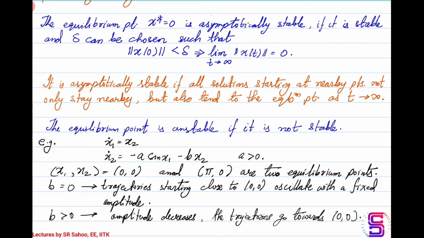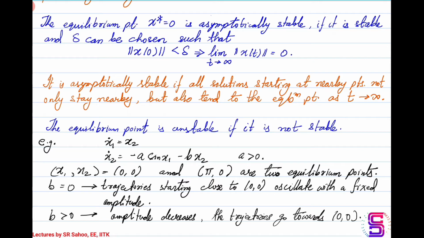Okay, we have two equilibrium points in this case, which are (0, 0) and (pi, 0), and the region we are looking at is x1 in the range minus pi to pi, where minus pi is excluded, and b belongs to R. So in this particular domain, the equilibrium points that the system has are (0, 0) and (pi, 0). Okay, these are the two equilibrium points.